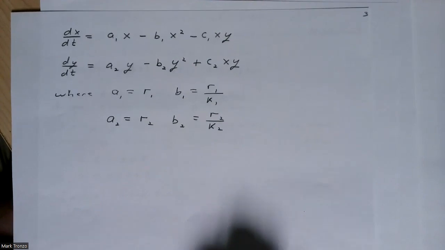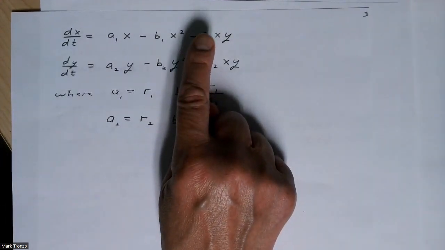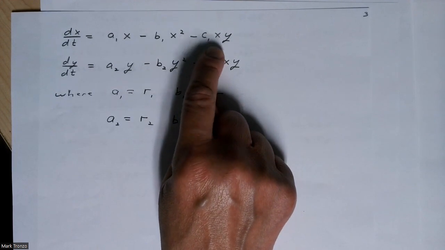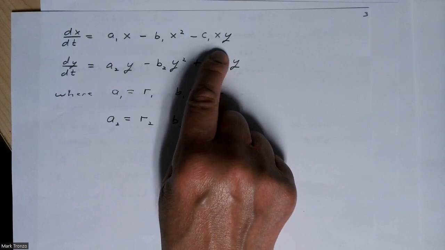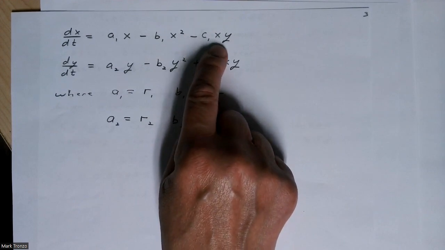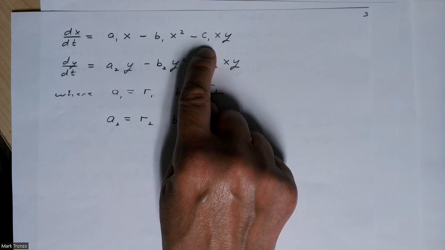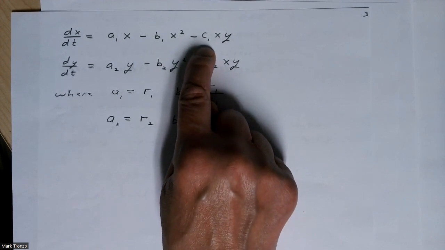If we look at our differential equations, C1 indicates really the number of gazelles that are eaten by the lions, or I should say the proportion of gazelles that are eaten compared to the number of interactions. And again, say if the gazelles are very fast, then this number is going to be small.